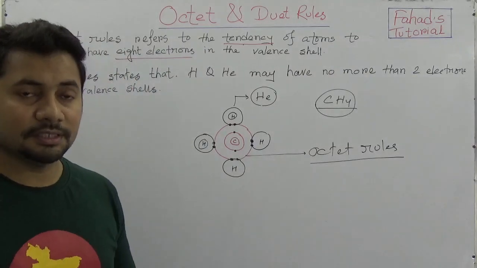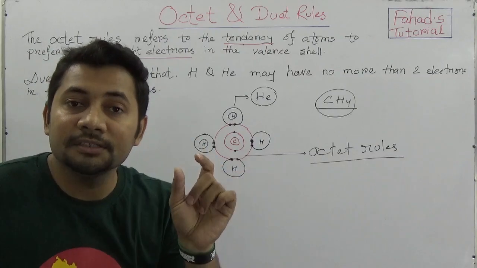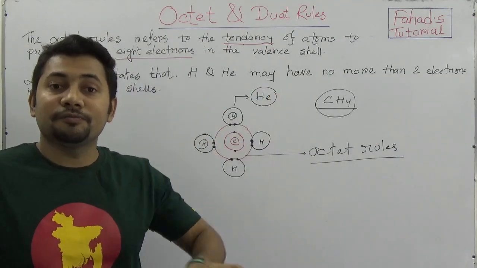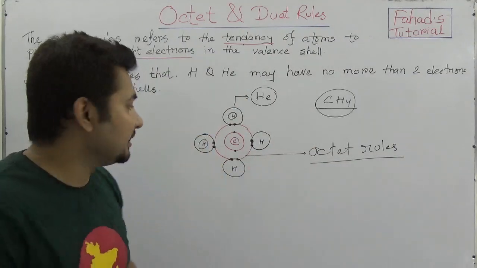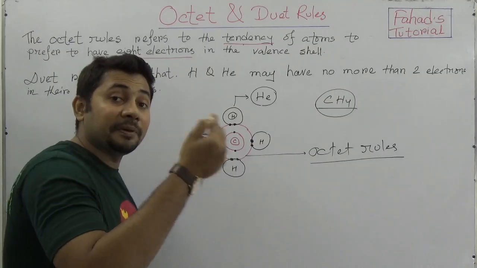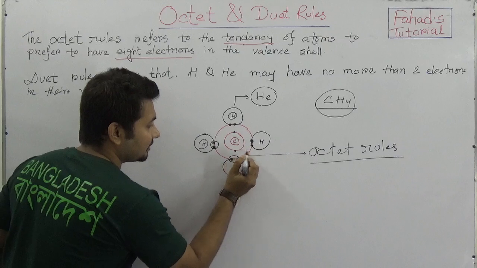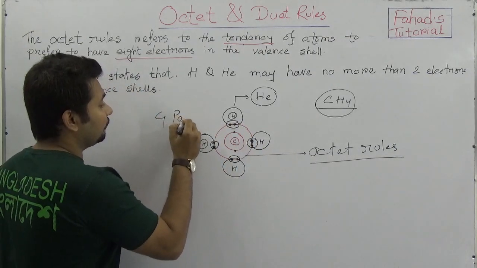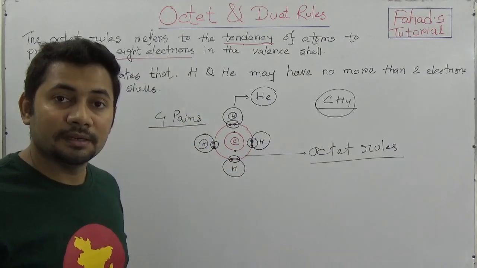And what about the duet rule? According to modern theory, the duet rule means that when molecules form and atoms share their electrons, usually more than one pair of electrons is shared: one pair, two pairs, three pairs and four pairs. We have four pairs of electrons in the methane molecule.